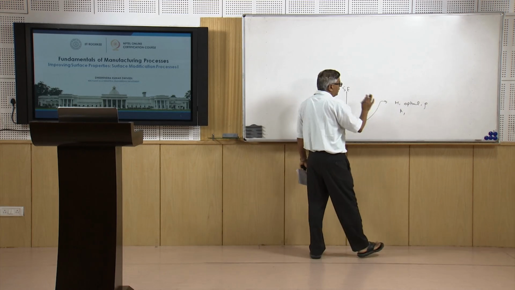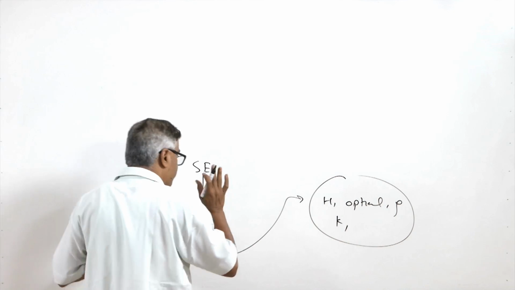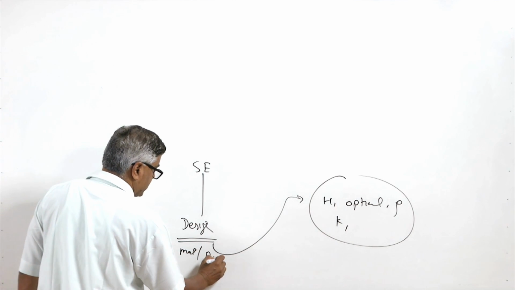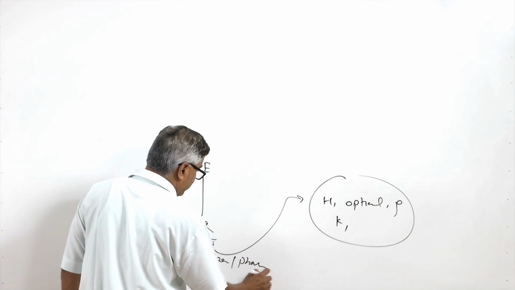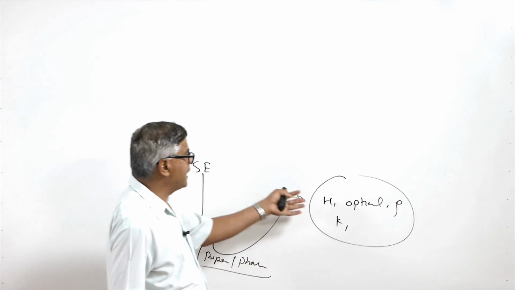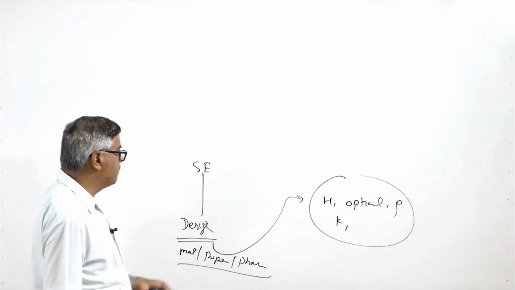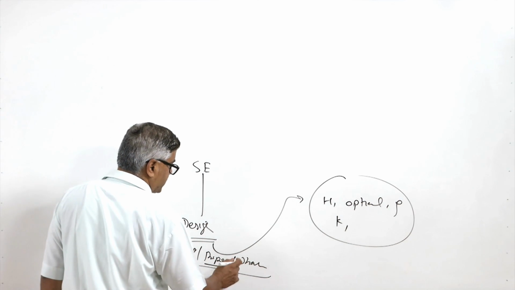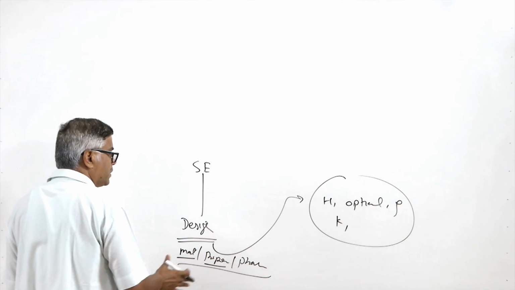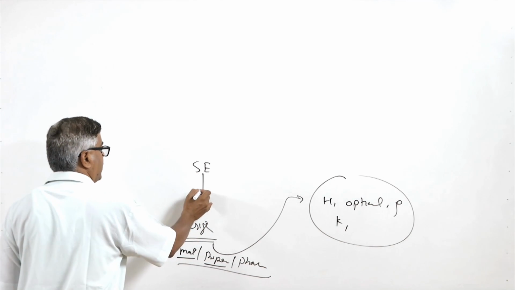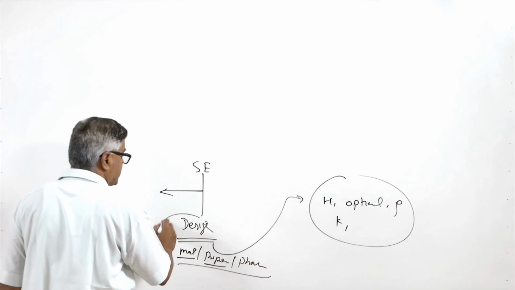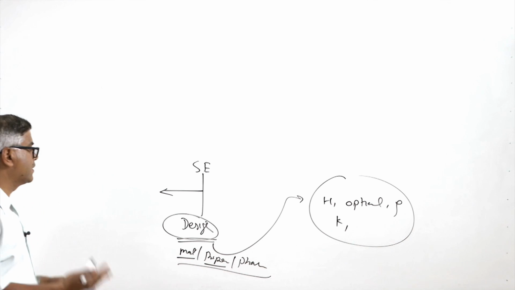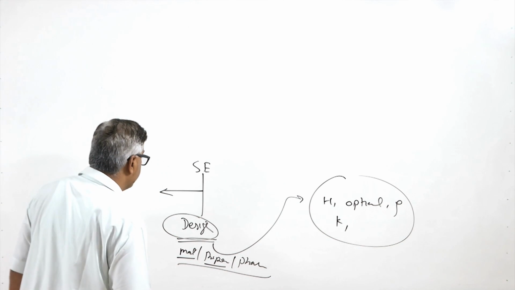So in light of the requirements, we first identify what material, what process and what phases we need at the surface to have the desired combination of properties. In design, basically the materials and processes are identified so that we can achieve the desired surface properties.